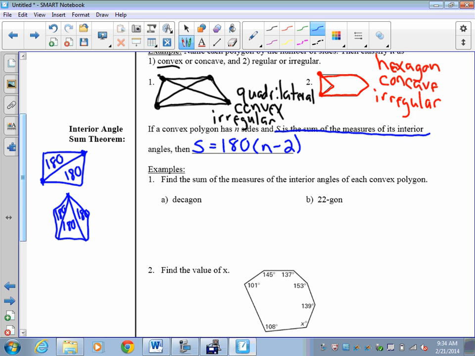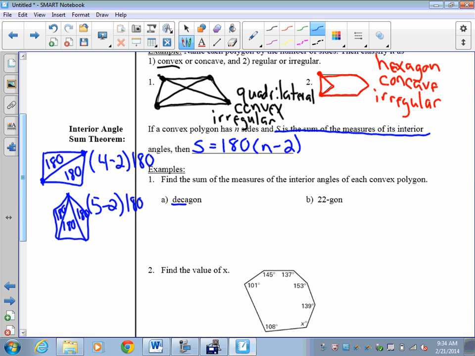So whenever I add them up, that would be 5 minus 2 times 180. So that should give you an idea of where this comes from. It's how many triangles we can form on a polygon whenever we connect the one side. But we're just going to use the formula.